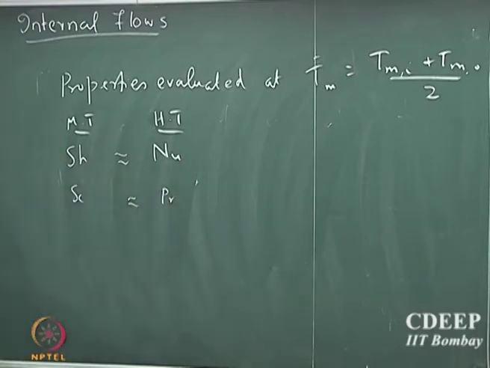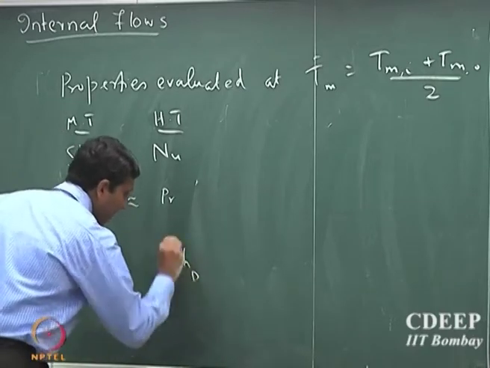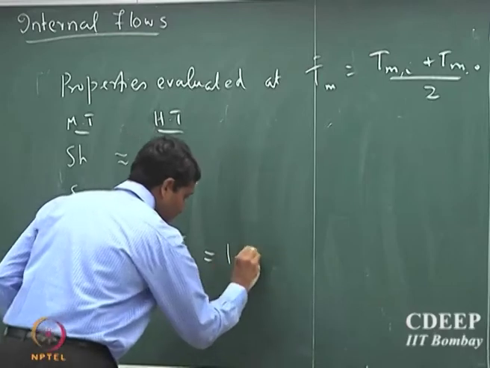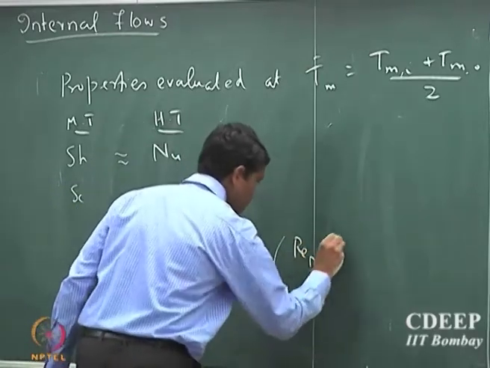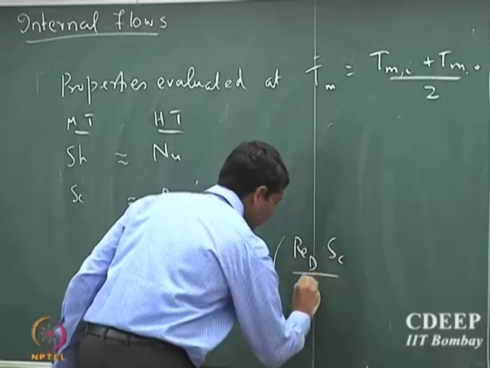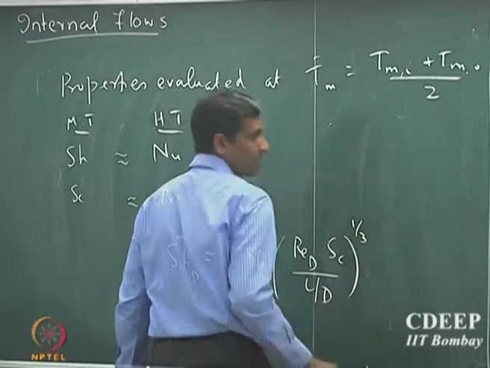So, you replace Nusselt number with Sherwood and Prandtl with Schmidt, and you will get the corresponding correlation for mass transport. Just for completeness, we will write it here: 1.86 times Reynolds number, Schmidt number, divided by L by D, to the power of 1 by 3.